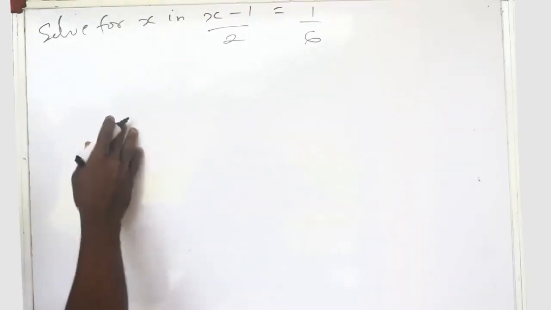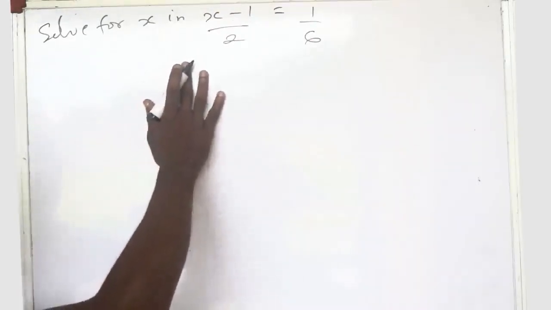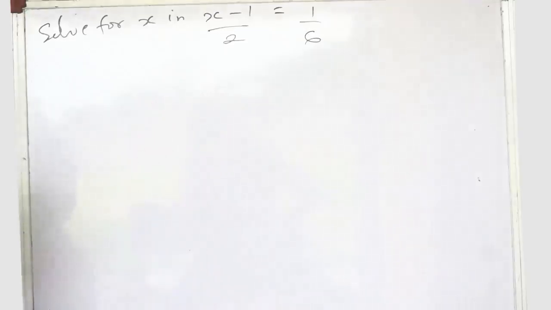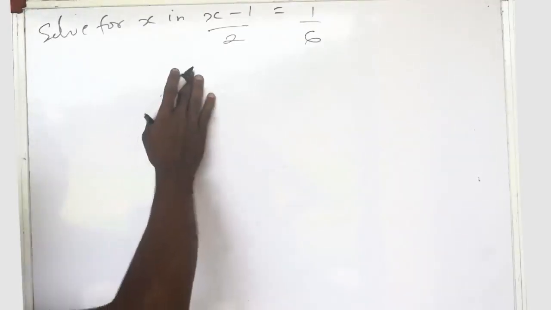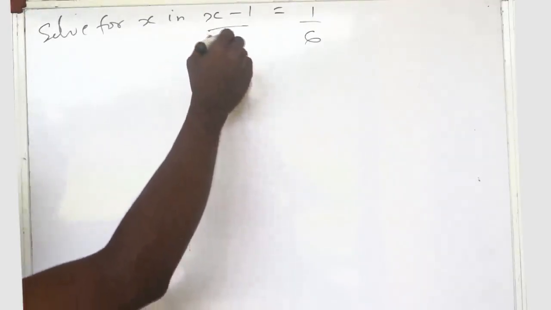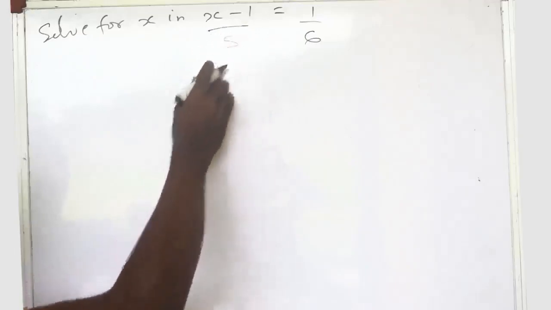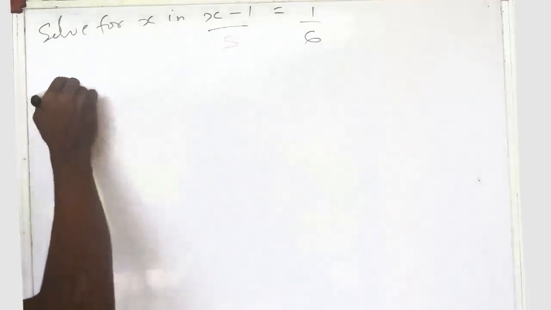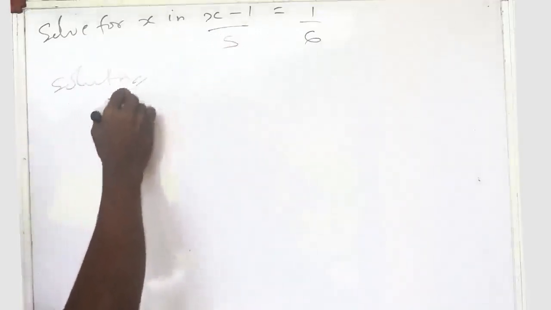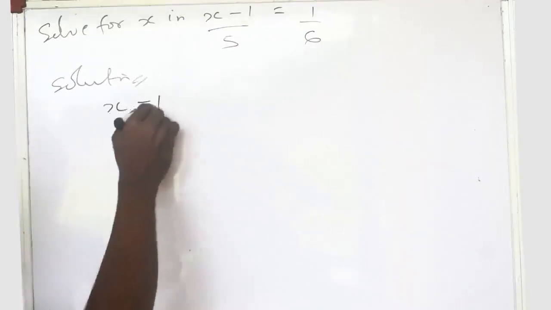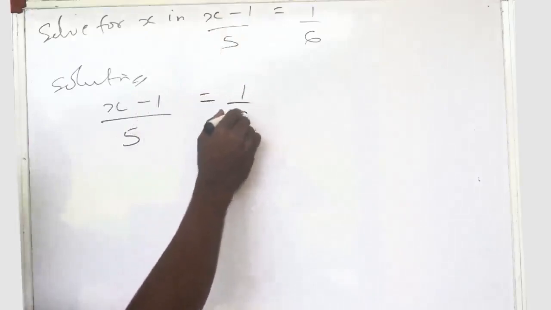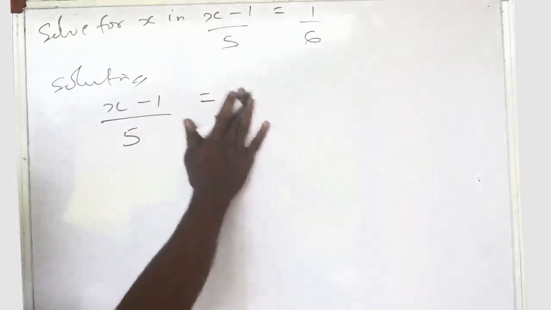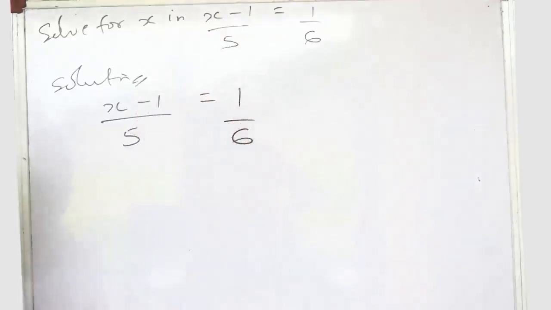It's a solution. Let me change this 2 to 5. So here we have x minus 1 all over 5. Nothing is wrong with the former one, I just decided to do it that way. All over 1 over 6.